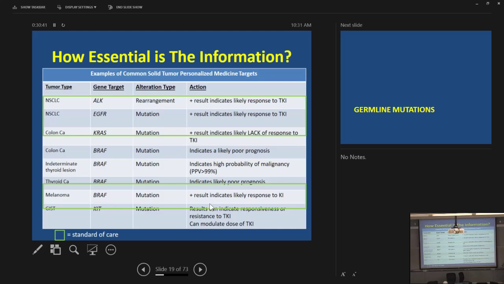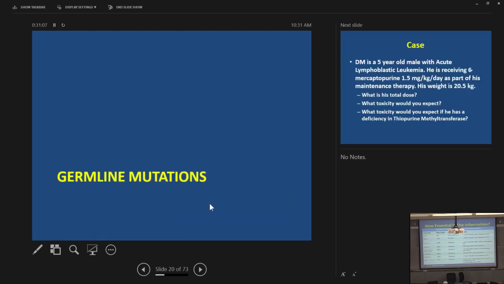People are living years with lung cancer if we've identified these mutations, versus months. Same thing with melanoma. Now we've identified these mutations. Before with dacarbazine, we had like a 20% response rate. Now we have patients living out 5, 10 years. So that's why this information is essential.